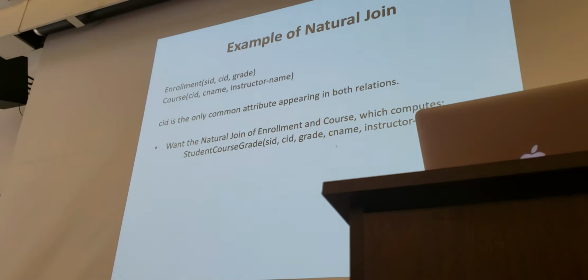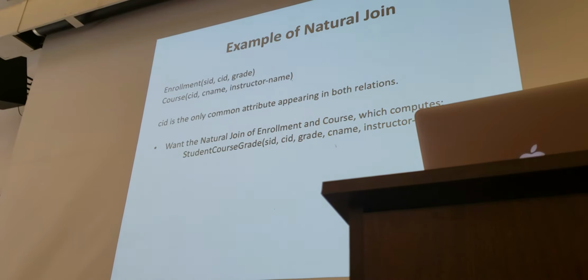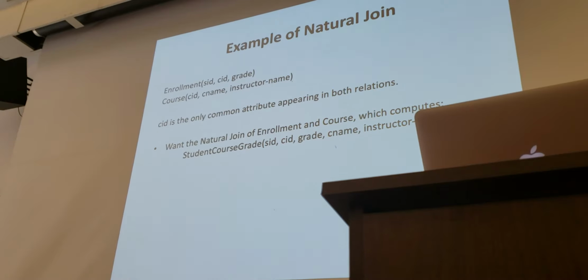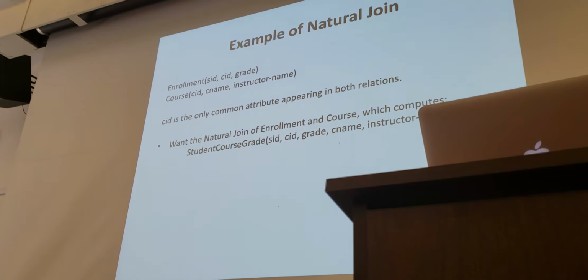So here's a simple example, and unlike the previous case, I'm not calling it ECID, I'm just calling it CID. So suppose in enrollment we have SID, CID, and grade, and we have course where we have course ID, CNAME, and instructor name. In this particular case, there's a total of 6 attributes across the 2 relations, but there's only 1 common. So 3 plus 3 minus 1, because I'm only going to keep CID once.